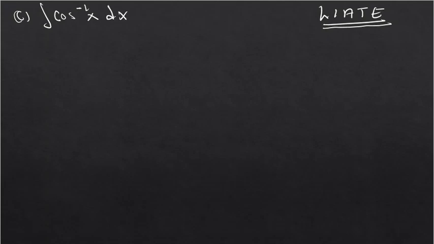I'm going to solve this one very quickly. Notice that this one is cosine and this is our dx, and of course this one becomes our u and our v, following the integration by parts concept.